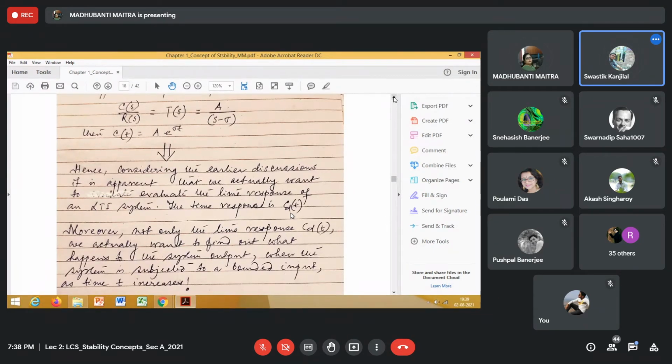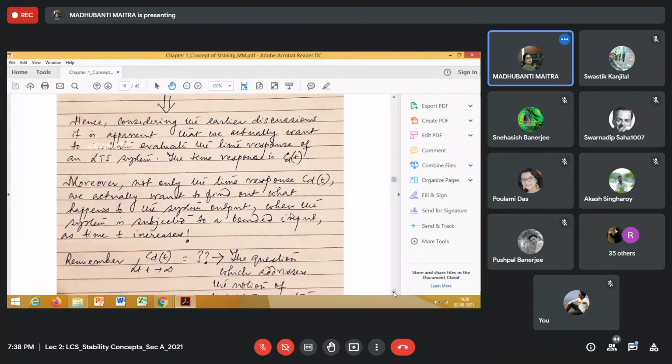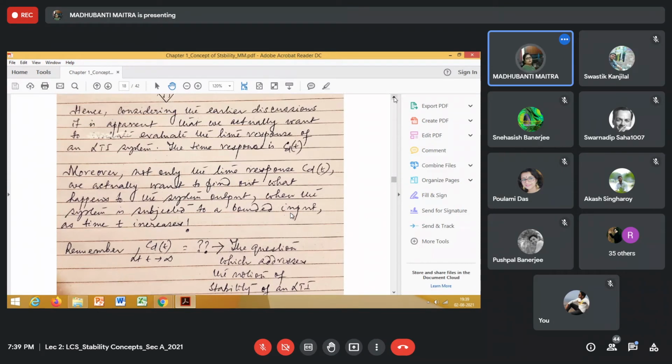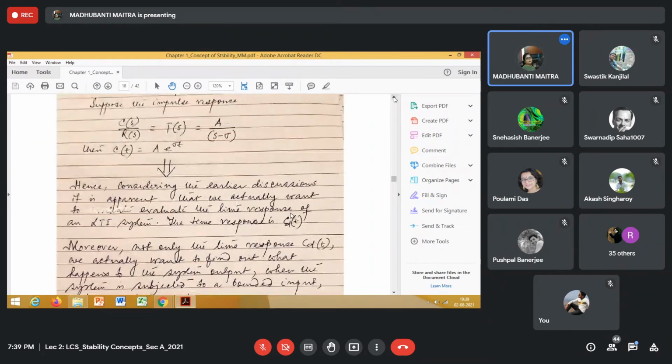Yes. The reason is we have assumed that the output response of the system doesn't depend upon the nature of the input. That's why, for our convenience, again I'm repeating, we have taken R(s) to be a unit impulse. Is it clear?